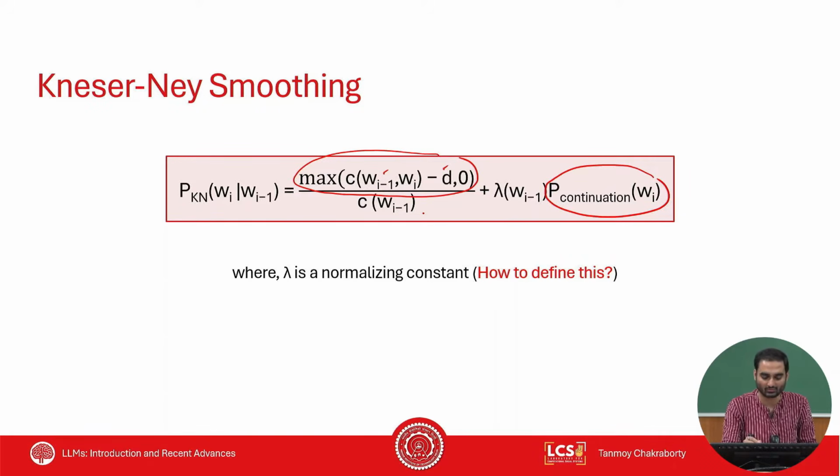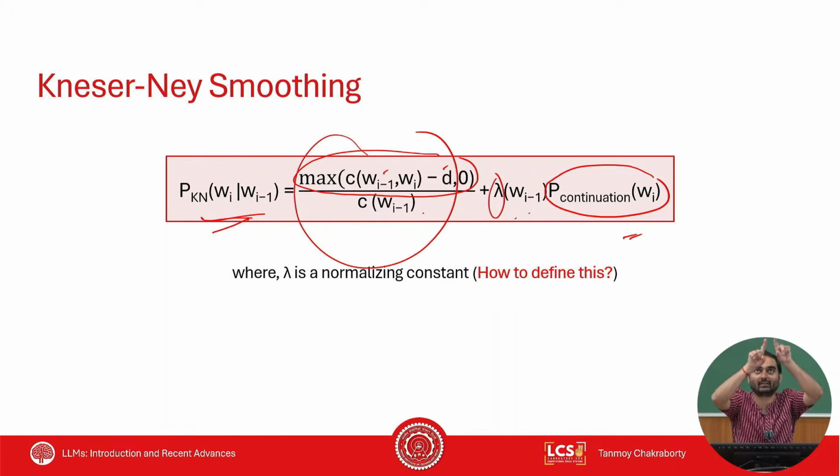Now can somebody tell me how to determine the value of this lambda? In this particular formula, lambda is a function of W_{i-1}. Remember, this is a probability. I already discounted something from the first component. I discounted D from the first component. So how many discounts have happened so far for a particular W_{i-1}?